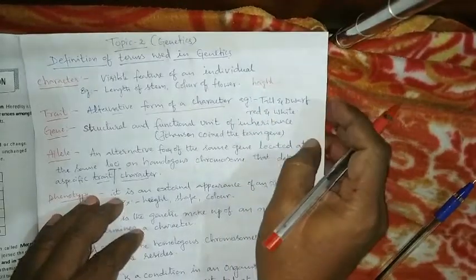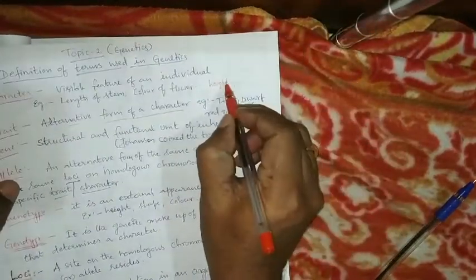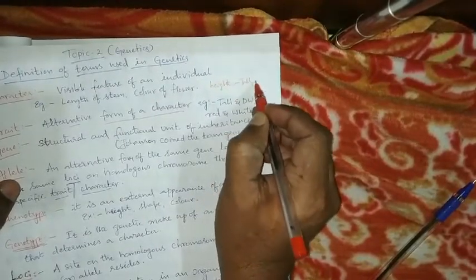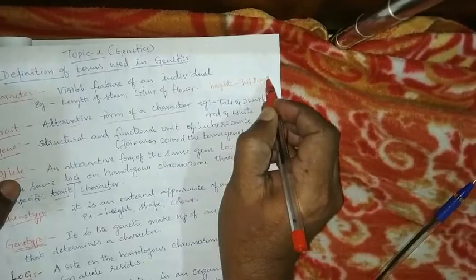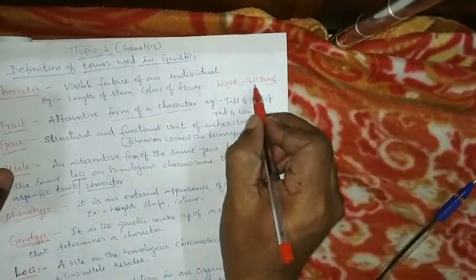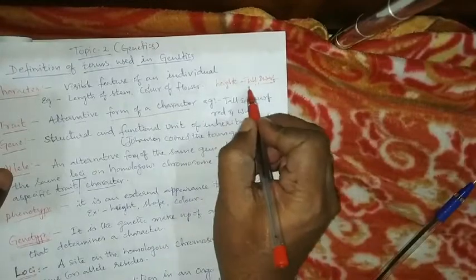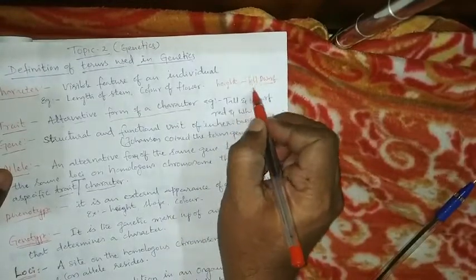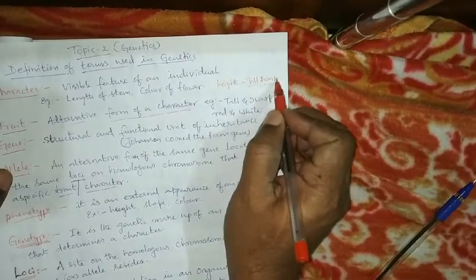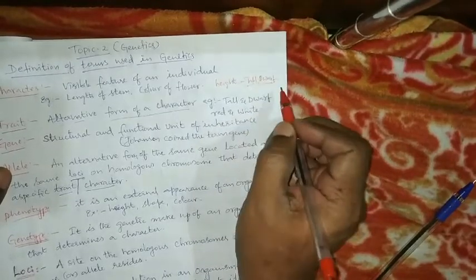Regarding height, we can see alternative forms of the height. Those are tall and dwarf. Dwarf is a short character, tall is a long character. So in height, we can see 2 alternative forms. These alternative forms are called a trait.